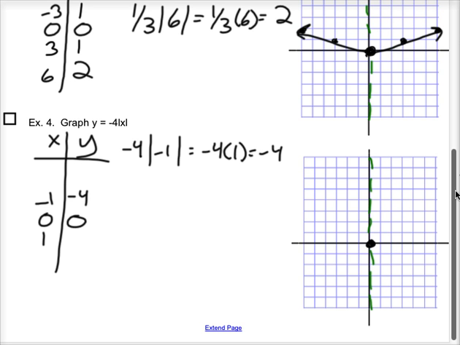Now let's do that on the other side to make sure we're getting the same thing. So absolute value of a positive just stays positive. So -4 times that +1 is indeed -4. So I'm going to go over 1, down 4, over 1, down 4. All right, let's try -2 and 2.